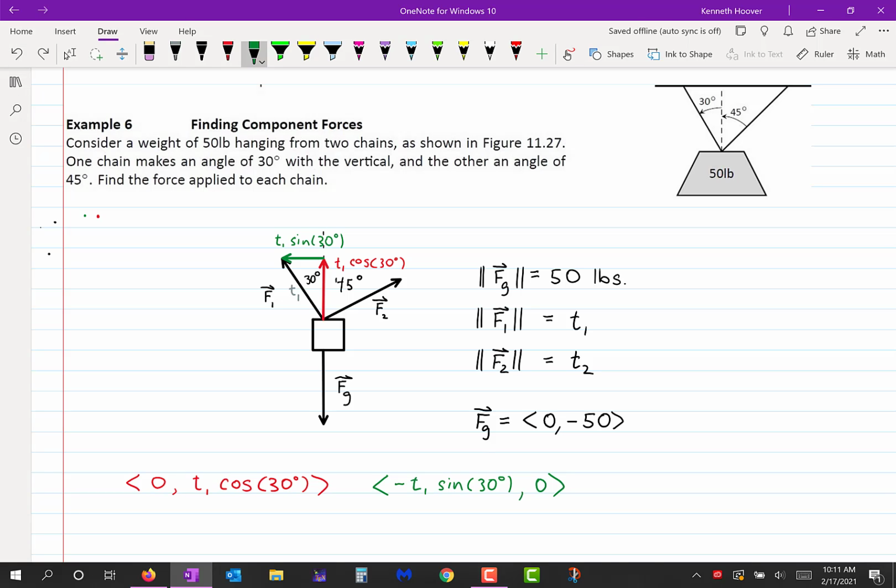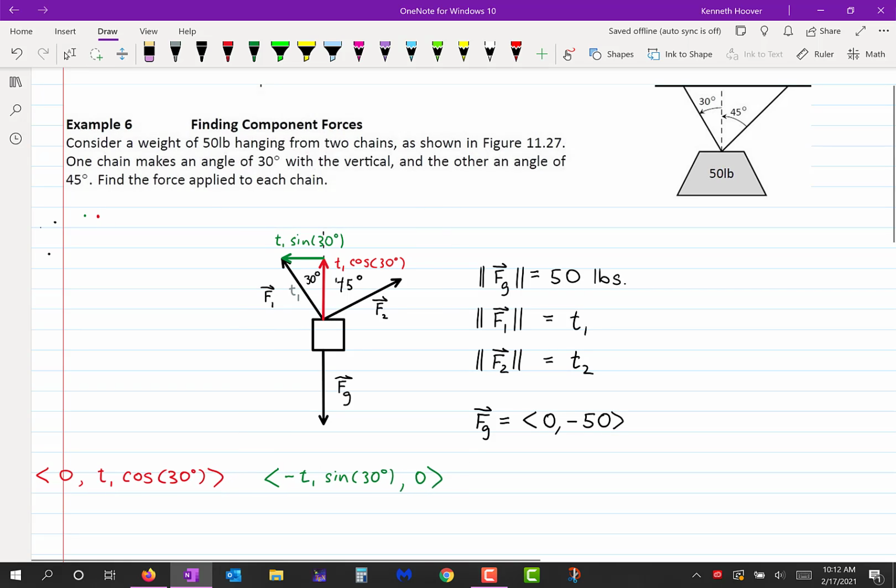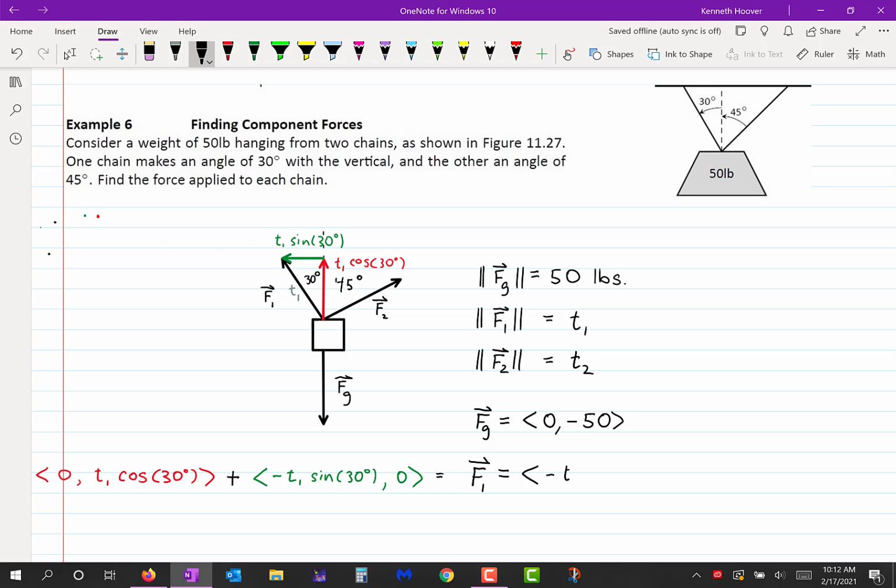And the vector F1 is simply those two vectors added together. So we get F1 equals the vector negative T1 sine of 30 degrees, comma, T1 cosine of 30 degrees.